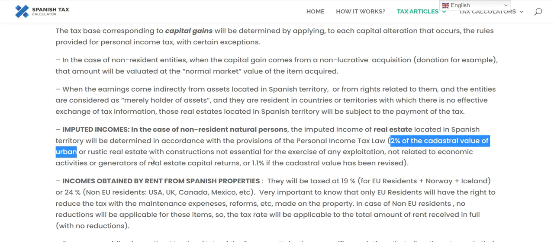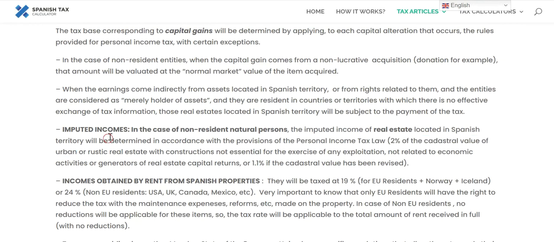Where can you obtain the cadastral value of your property? Well, every year you should be, as owner of a property in Spain, receiving a bill like this, which is the council tax, in which in the details of the content of the bill, it is clearly established the valor cadastral, which is the cadastral value, with an amount here. This will be the cadastral value of the property.